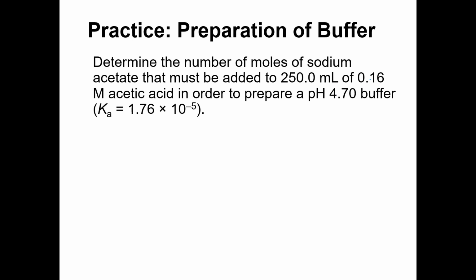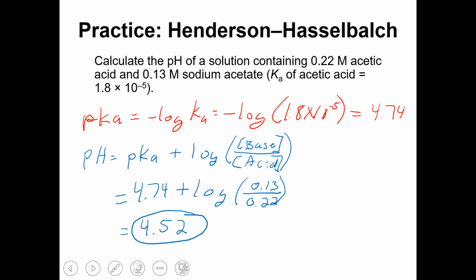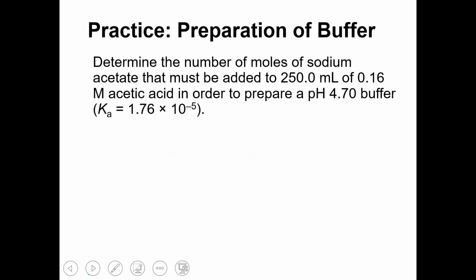This time we're given a molarity of our acid. Now you'll notice the Ka is slightly different, but if you look back at the last slide, it was 1.8 times 10 to the negative fifth, and in this case it's 1.76. So that's just a rounding difference. Sometimes you will see slight differences in the constants based on what source you look at.